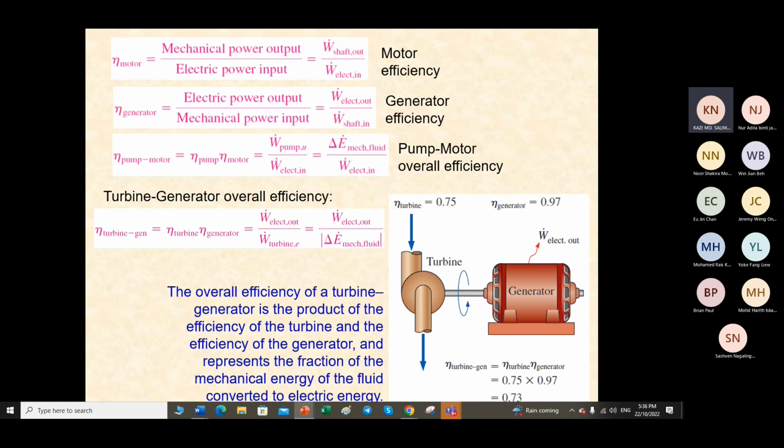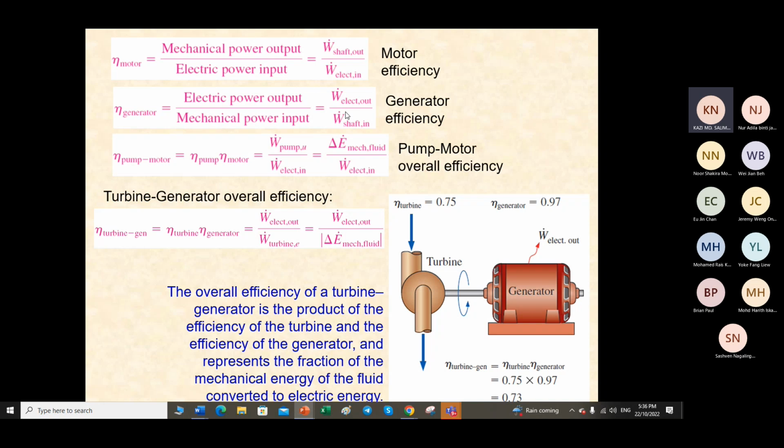W shaft out is the motor output, the mechanical energy out, and W electrical is the power consumed by the motor for running that shaft. Similarly, eta generator is electrical power output by the mechanical power input.